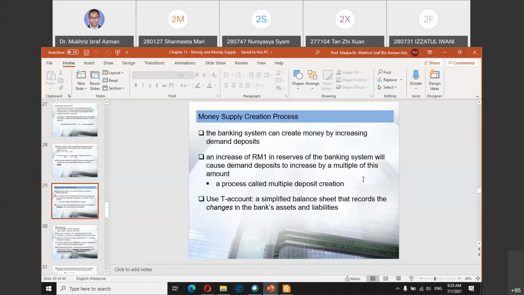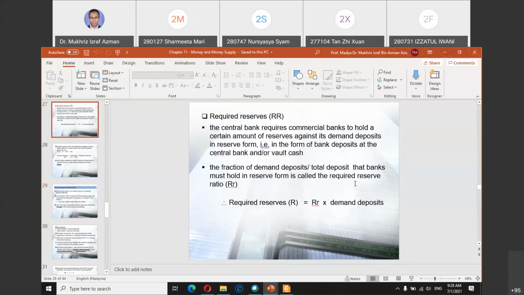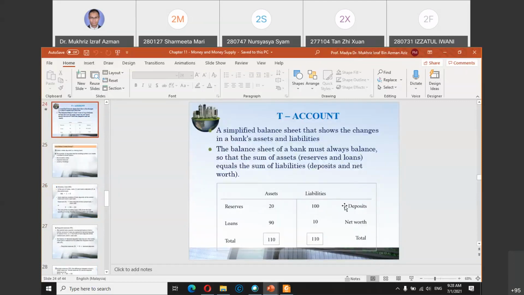How does a bank balance sheet look like? What is the asset? What is the bank liability? Of course, in the real world, the bank account is more complex than this. This is just a simple idea of how a bank balance sheet looks like. In a real accounting world, when you check a bank balance sheet, it is much more complex than these two items here.